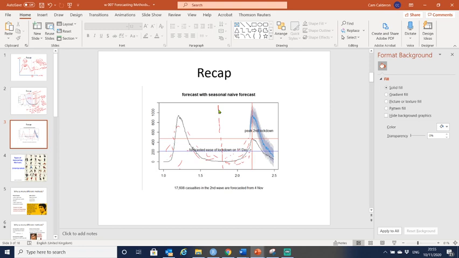And this is what we want to do in forecasting. I hope that this is clear, guys, and we are going to work on this on many occasions in this course.